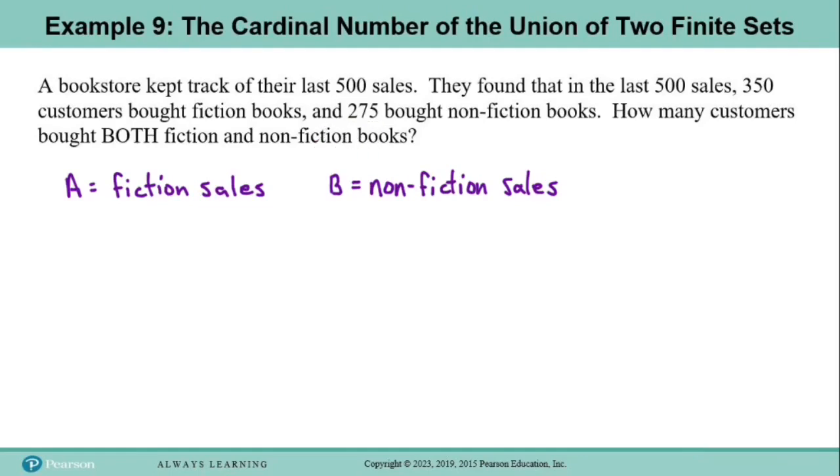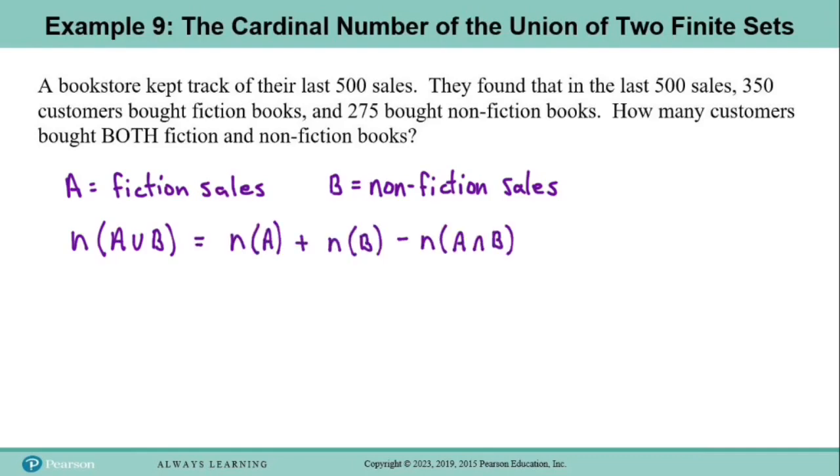So let's go ahead and look at our formula that we've been using and see if we can figure out the number of sales that are in the intersection of the 2 sets. So we know that the number of elements in A union B is equal to the number of elements in A plus the number of elements in B minus the number of elements in the intersection of A and B. So for this example, the number of elements in A union B is going to be our 500 sales because that's the total.